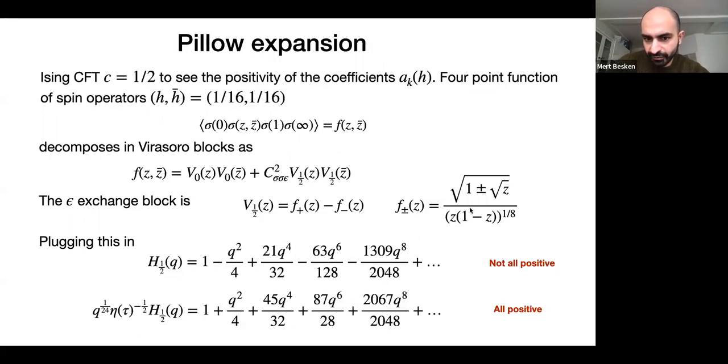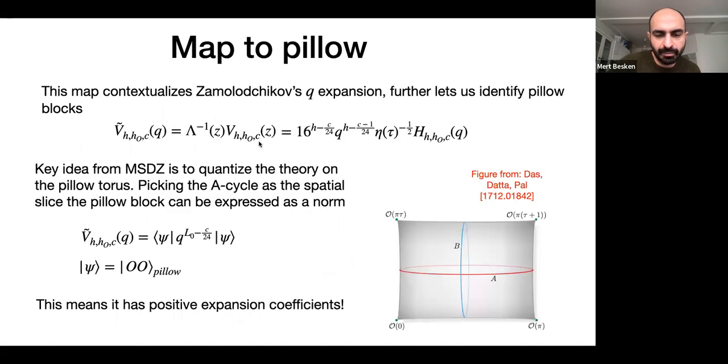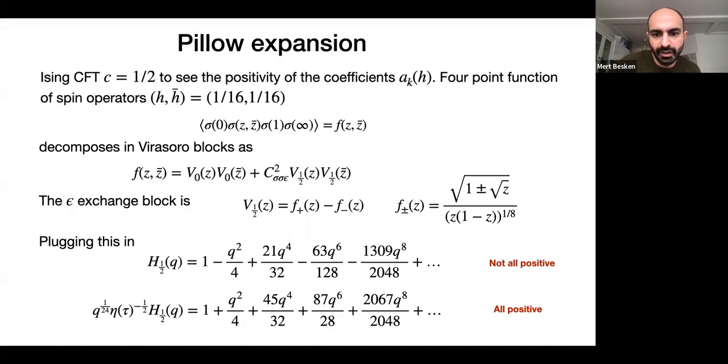This is the expression for these Virasoro blocks, which have a very simple form like this. You can just plug this into the definitions. Remember this plane block appeared here, and it's related to the H function like that. If you plug that in, you can get an expansion of the H function here.